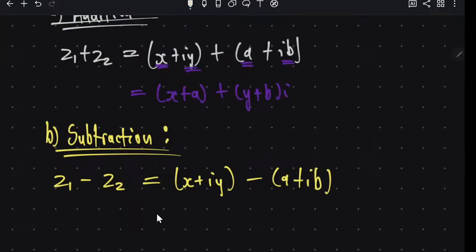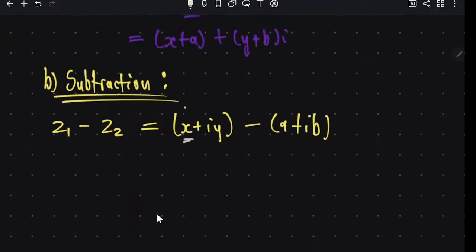The real subtracts the real, so it is X minus A. Then plus, you have the imaginary subtracting. So remember to say plus, then Y minus B of I.